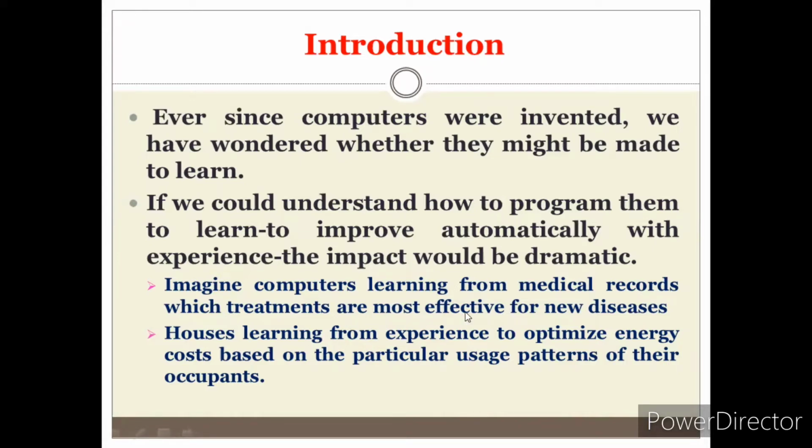Houses could learn from experience to optimize the energy cost based on the usage pattern of their occupants. As we know, we have to save a lot of power, and during daytime we don't need that much power. Depending upon the surrounding light, we can automatically turn the light on or off, or turn on the fan or AC. So, home automation systems, which we have.